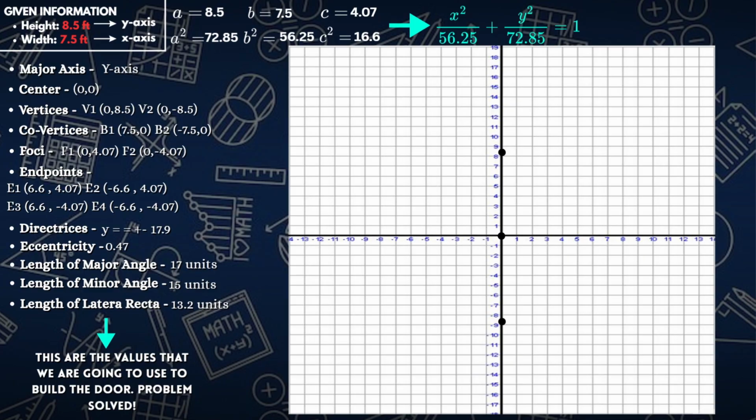For our co-vertices, that would be located at (7.5, 0) and (-7.5, 0), at the right portion and left portion of the x-axis. For our foci, located on the y-axis again, that would be (0, 4.07) and (0, -4.07). So we're getting near, class.